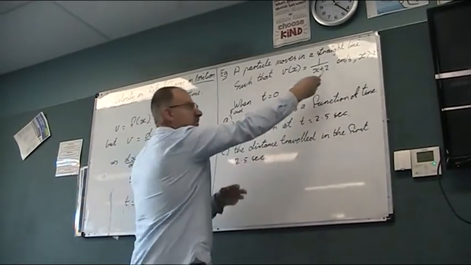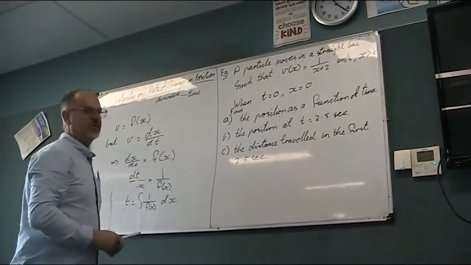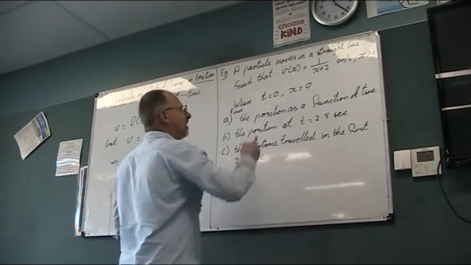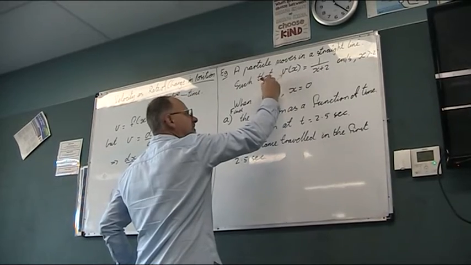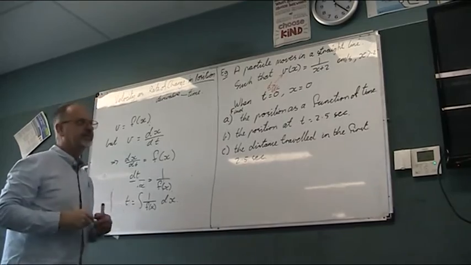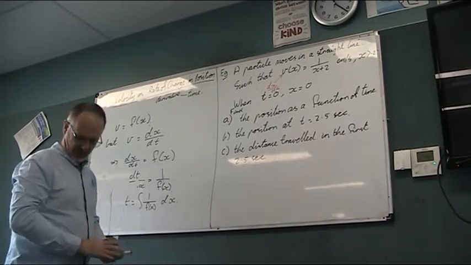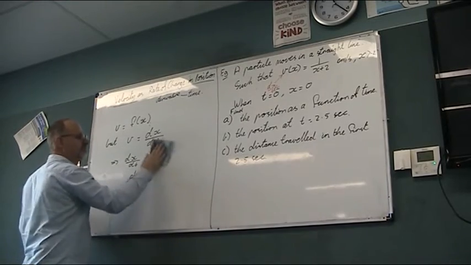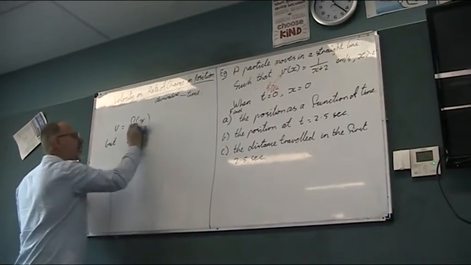We've got to bring time into it. And so the way we bring the time into it is that our velocity is dx/dt. All right, so let's work through that.